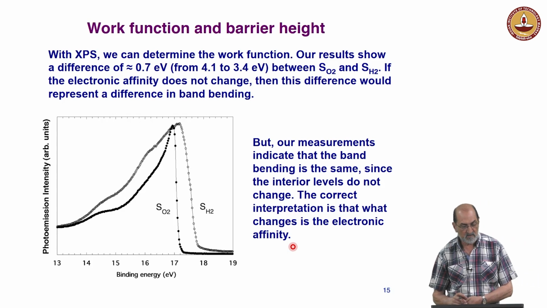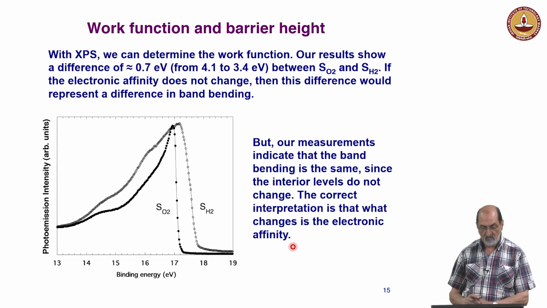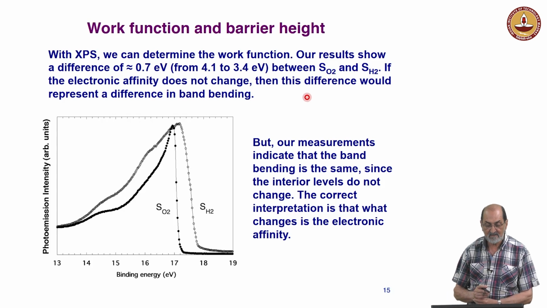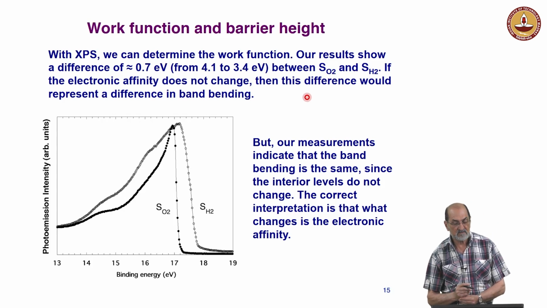Well, with XPS, we could determine the work function, and our results show a difference of about 0.7 eV between those two types of samples we use. If the electron affinity does not change, then this difference would represent a difference in band bending.